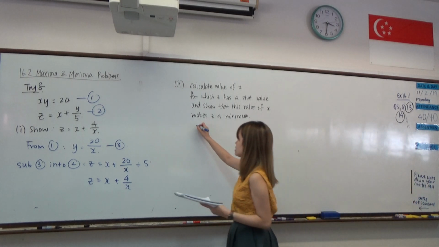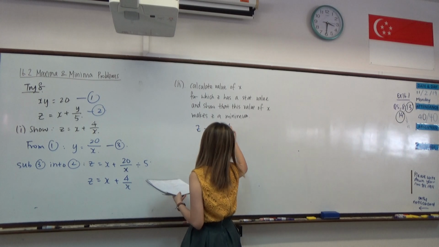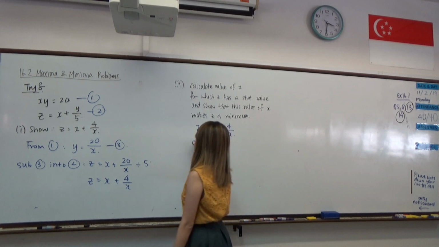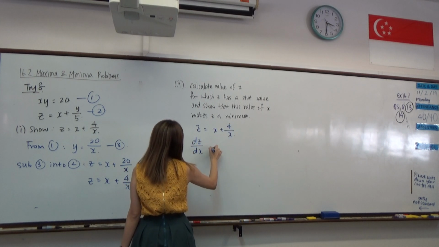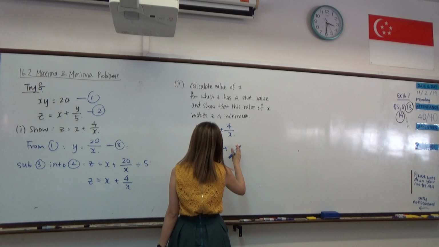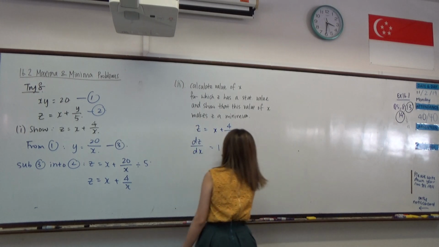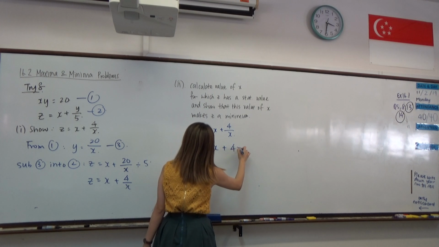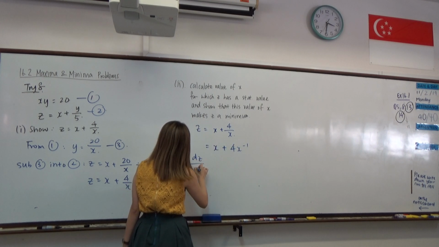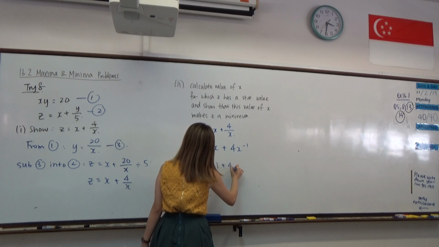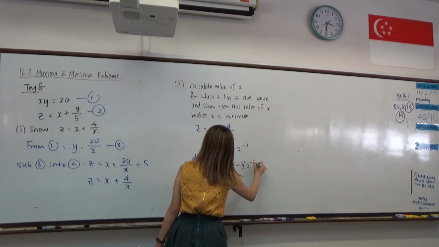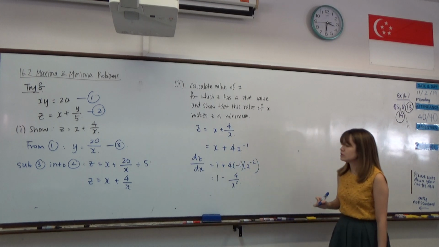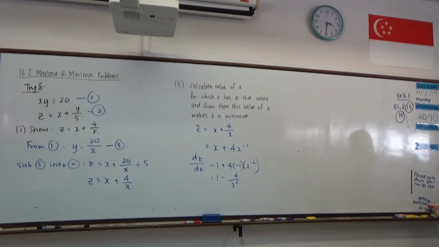So we consider this equation that we have just shown, and then we do our differentiation dz over dx. So dz over dx is equal to 1 minus 4 over x squared.